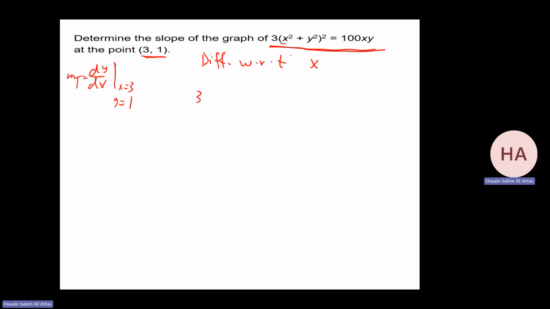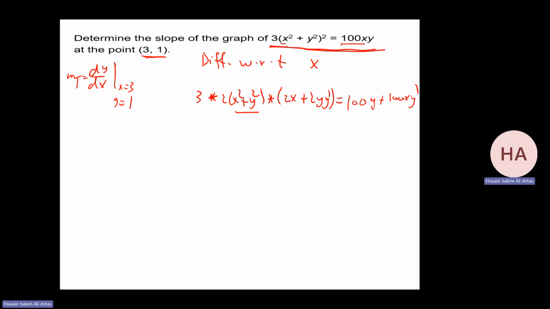That will be 3 times something squared, 2x squared plus y squared to the power 1, times the derivative of this, which is 2x plus 2y y prime, equals. Now it's a product of two functions, 100x times y. So it will be 100, the derivative of the first, product rule, times y plus 100x y prime.